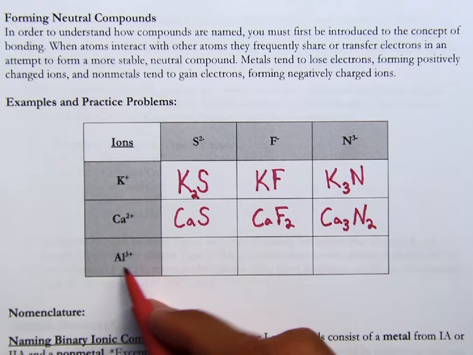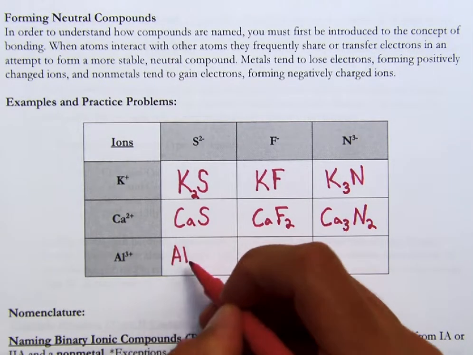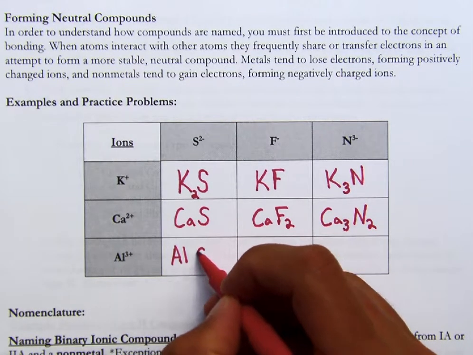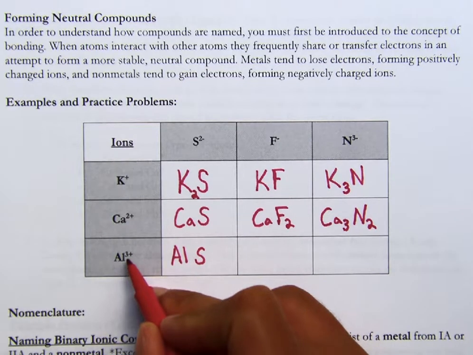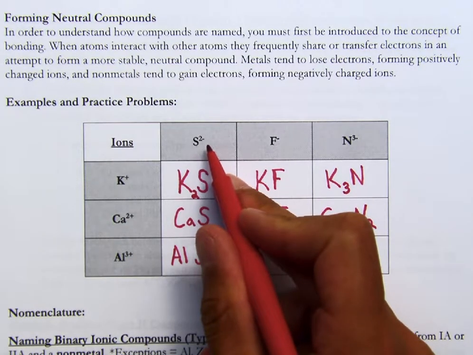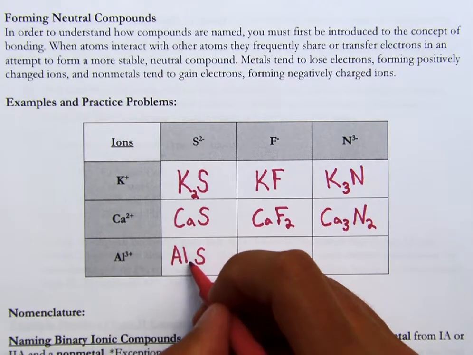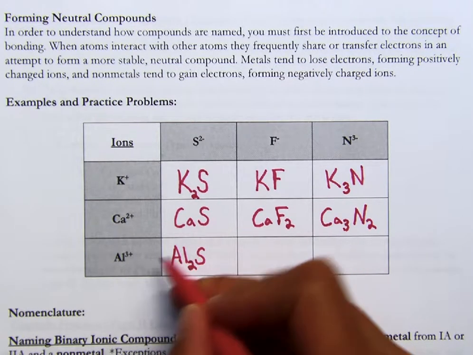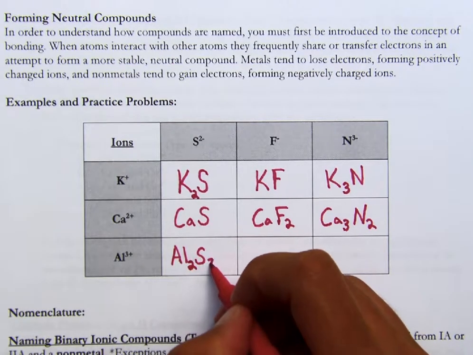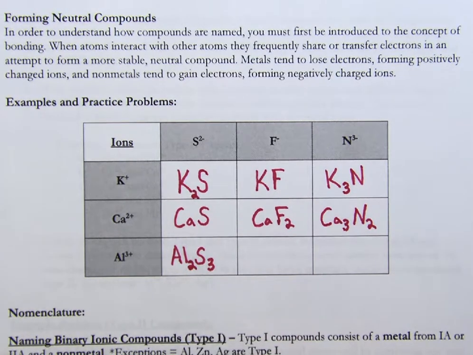Sort of a similar thing here. We have aluminum, and then we have sulfur. Aluminum is +3, sulfur is -2. So if you have 2 aluminums, that gives you +6, and 3 sulfurs gives you -6.